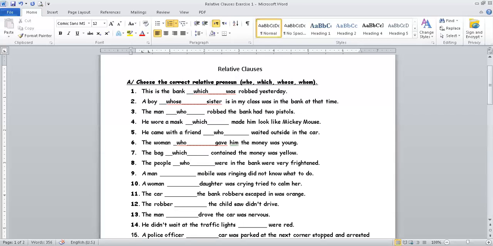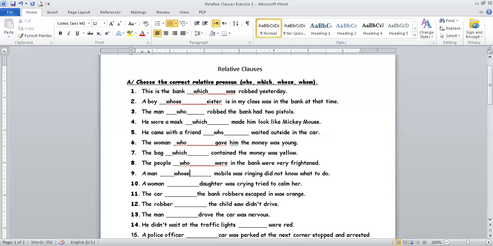9. A man mobile was ringing, did not know what to do. It's as if you are saying his mobile. So the sentence shows possession. The mobile belongs to the man. And the correct relative pronoun to use here is whose, because whose is used for possession.